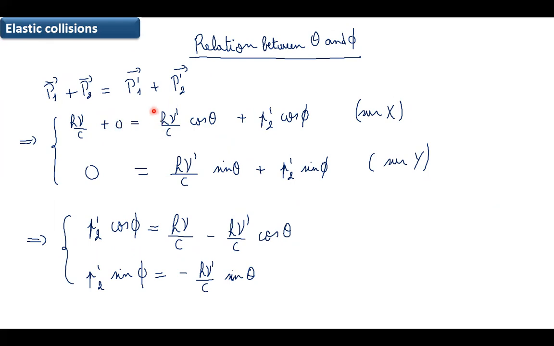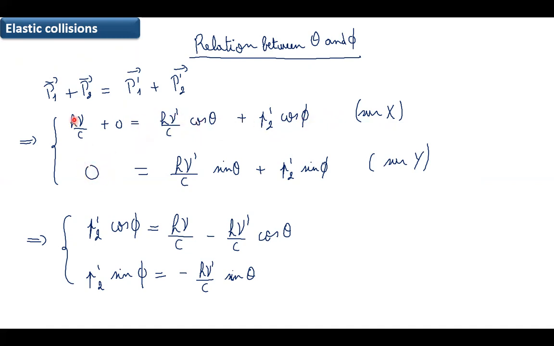That is equal to, after collision, with a diffused photon, h nu prime over c cosine theta plus p prime 2 cosine phi along the axis x. So these are the projections on x.